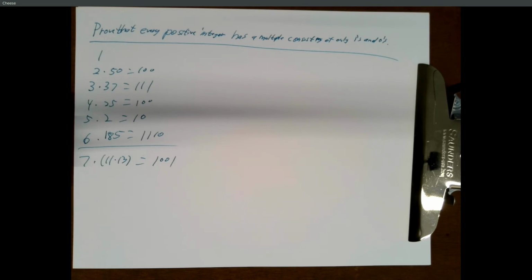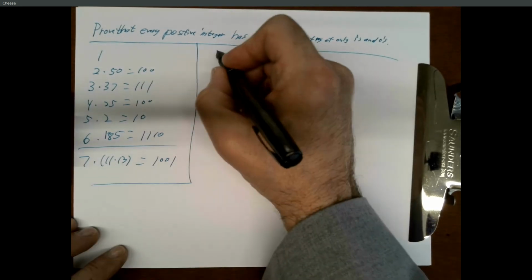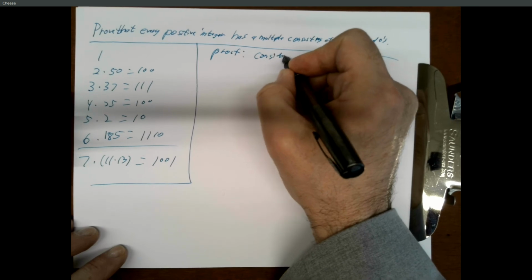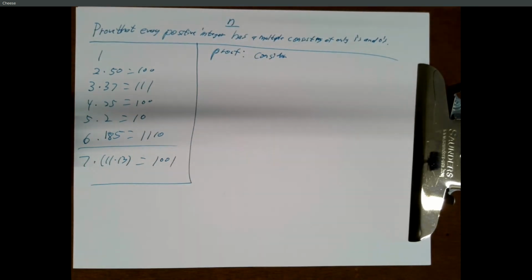All right, so you ready to see this? So proof. Every positive integer, let's call our integer n, and let's find a multiple of n that's readable as just a number containing ones and zeros.